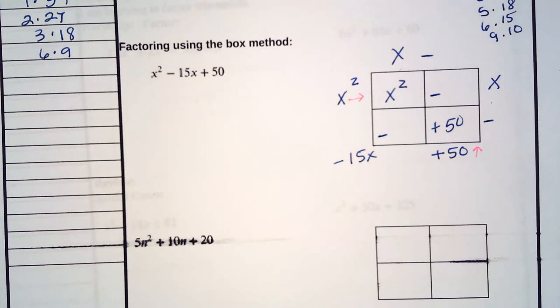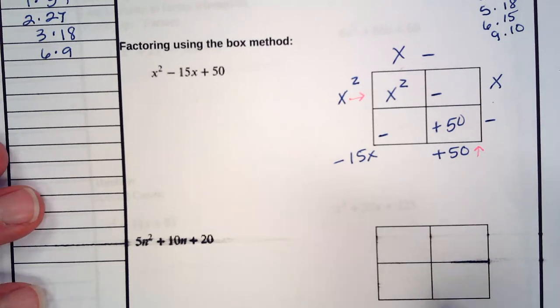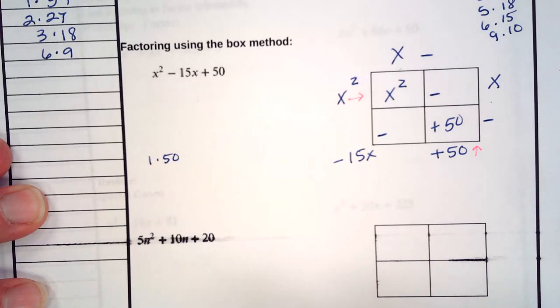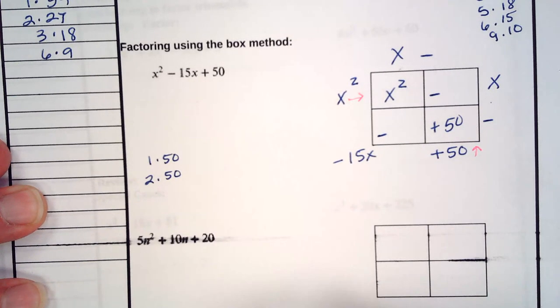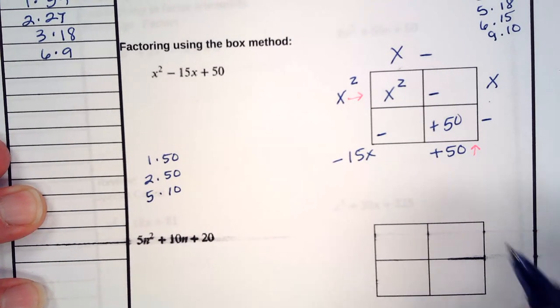So the factors of 50 that add up to 15. Well, there's not very many, so we can do 1 times 50, do not add up to 15. 2 and 25, do not add up to 15. 5 and 10, do add up to 15.